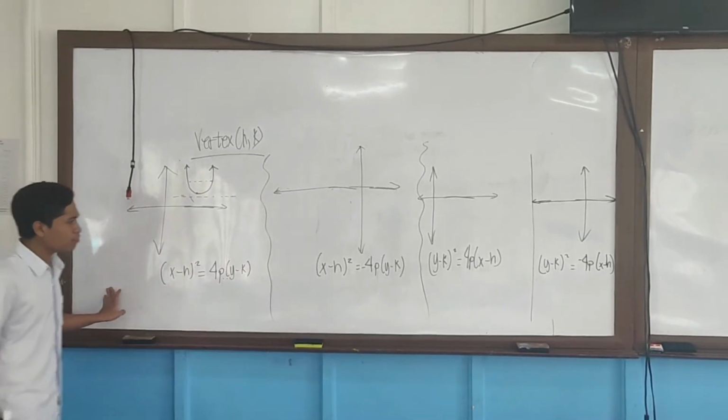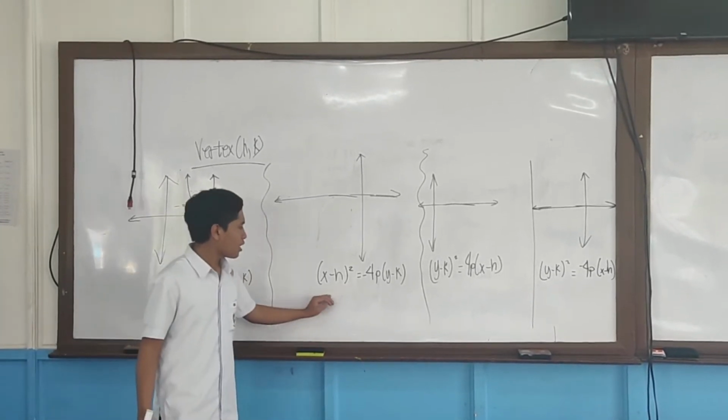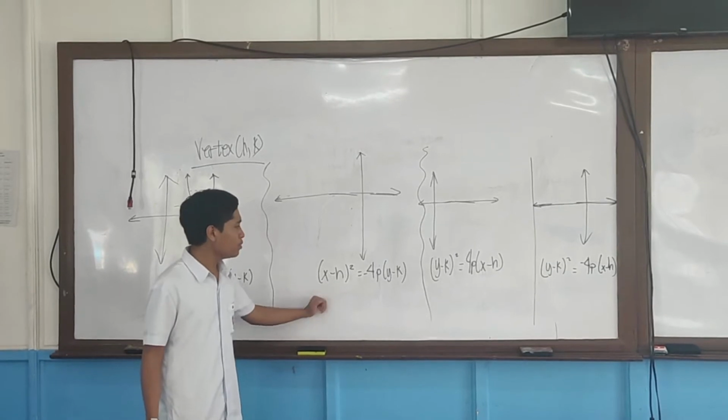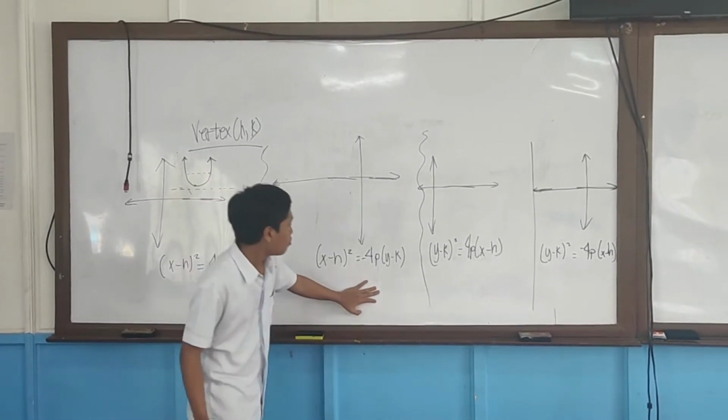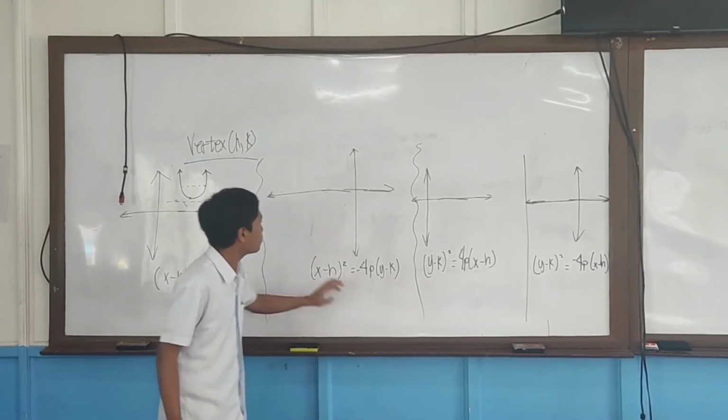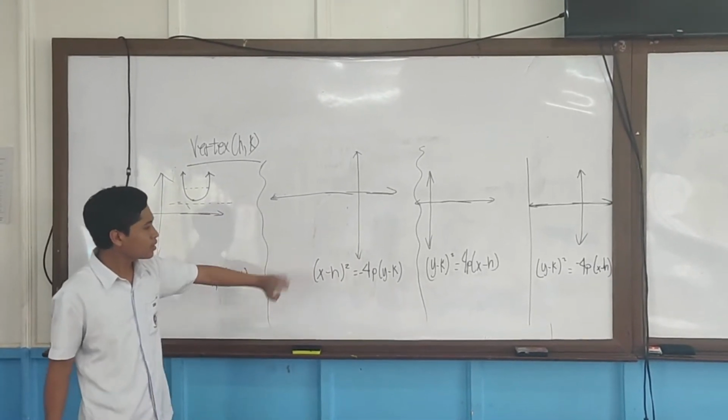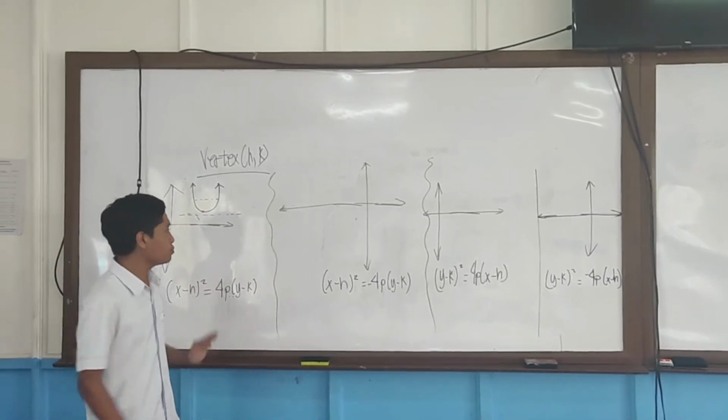Now let's move on to (x minus h) squared equals negative 4p (y minus k). In here, the parabola opens downward.